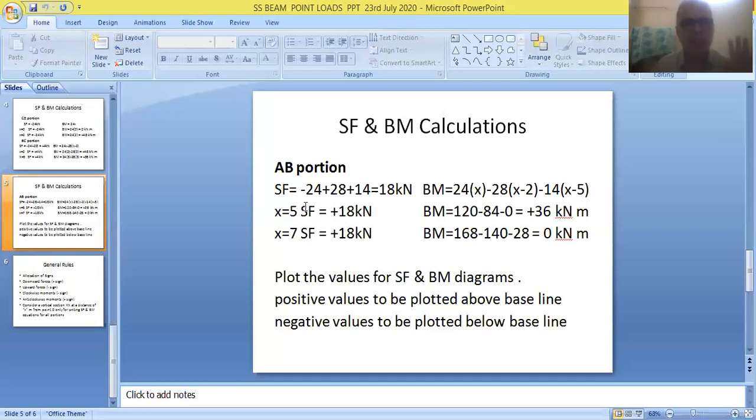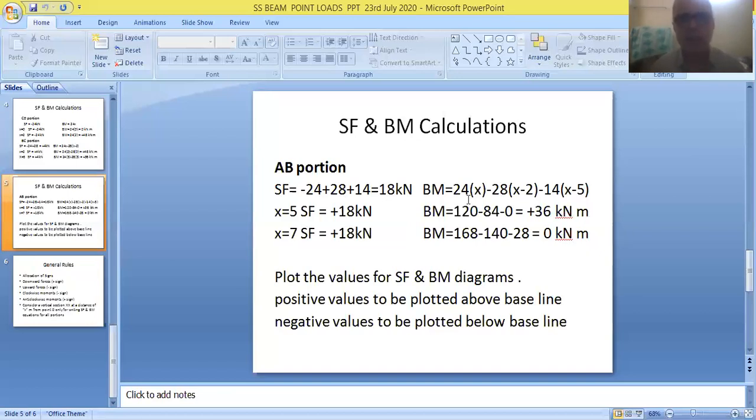So friends, if a negative symbol is coming in the SF equation, a positive symbol will be coming in the bending moment equation. And if positive symbols are coming in the shear force equation, automatically negative symbols will be coming in the bending moment equation. So these are the blind rules which we are supposed to remember.